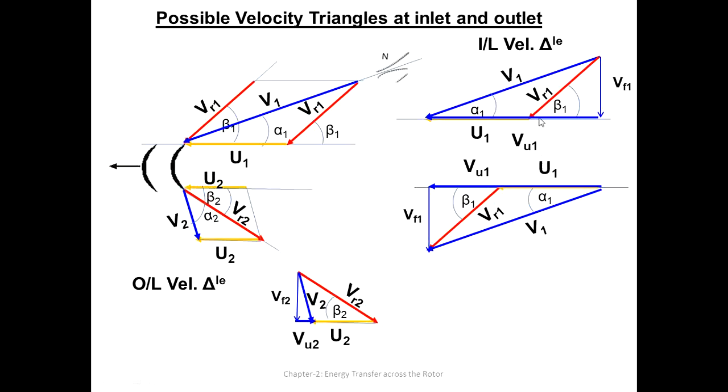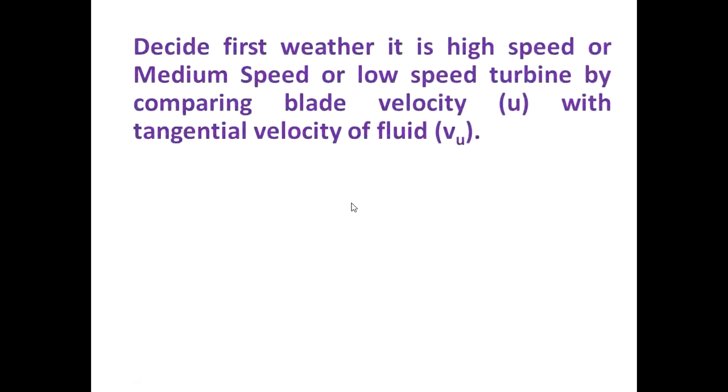Even in the derivation as well as in problem solving, you want to use these velocity triangles only. Decide first whether it is a high speed, medium speed or low speed turbine, comparing the blade velocity u with the tangential velocity of the fluid Vu.